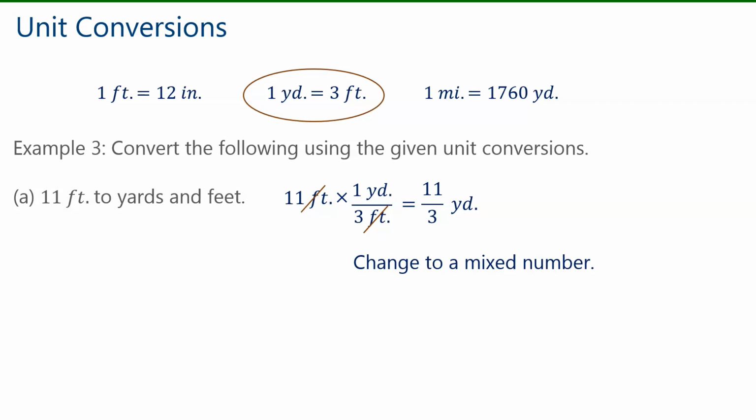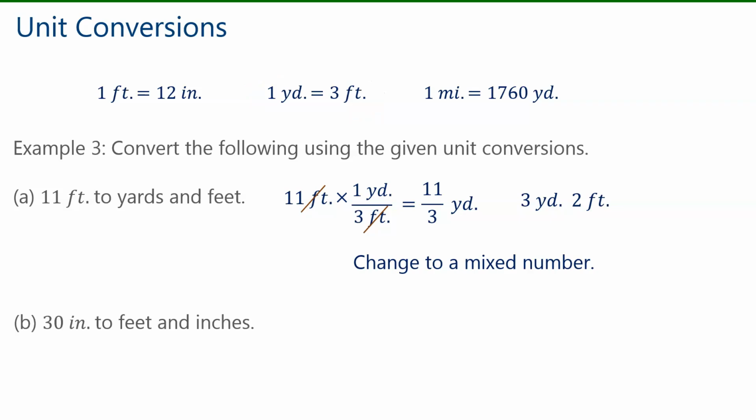See how many times 3 can go into 11. 3 goes into 11 3 times, so we have 3 full yards. Now how many feet are left over? Well, 3 times 3 is 9, and if we started with 11, that means we would have 2 feet left over. So 11 feet is 3 yards and 2 feet.